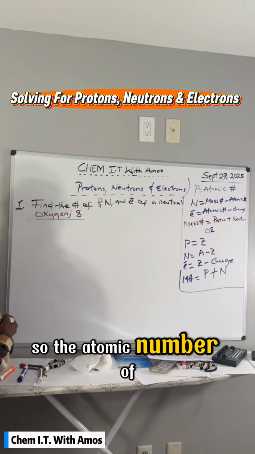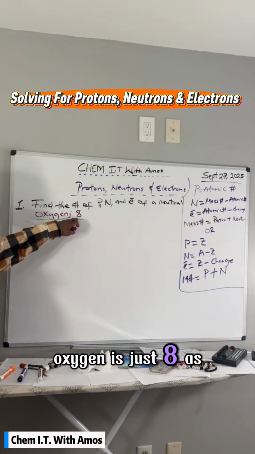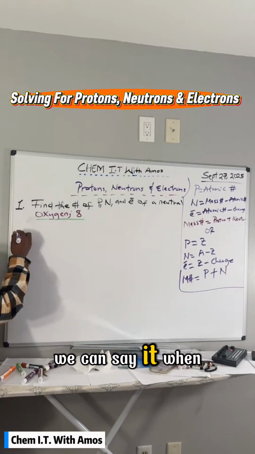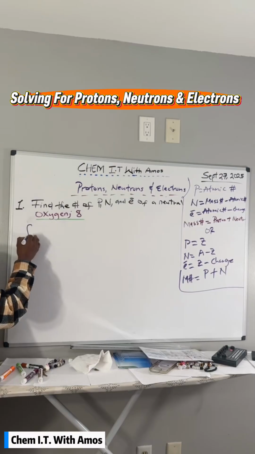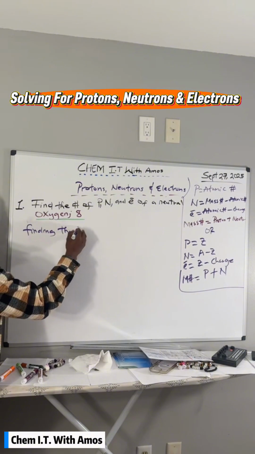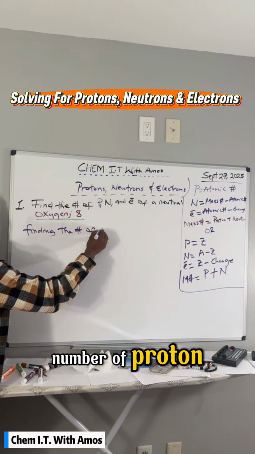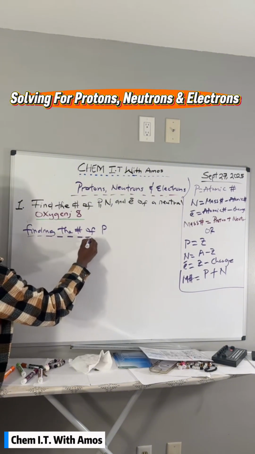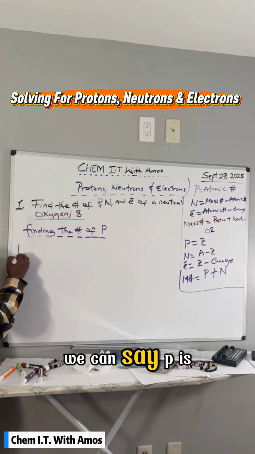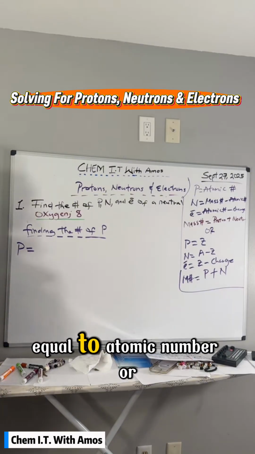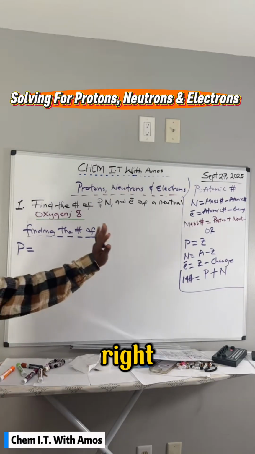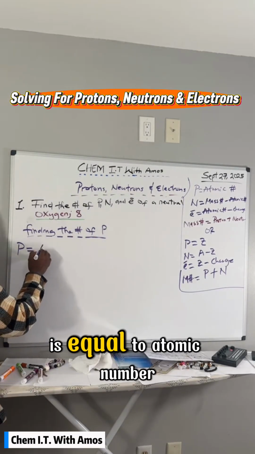So the atomic number of oxygen is just 8, as you can see right here. So to find the number of protons of oxygen, we can say P is equal to atomic number, or P is equal to Z, any one of the choices, right?